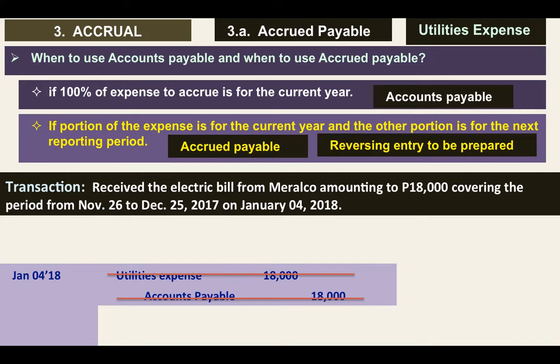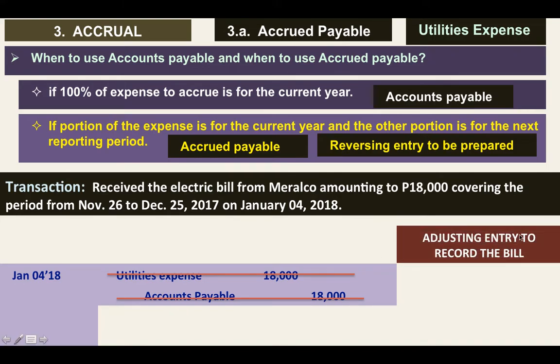What we have to do is record this bill as an adjusting entry. Okay, and the adjusting entry has to be dated December 31, 2017. Kahit na na-receive natin ng January 4, 2018, pwede natin siyang i-record ng 2017 provided na ang posting date, yung date na ipopost niya sa general ledger, which is in T account, will be dated December 31st, 2017.